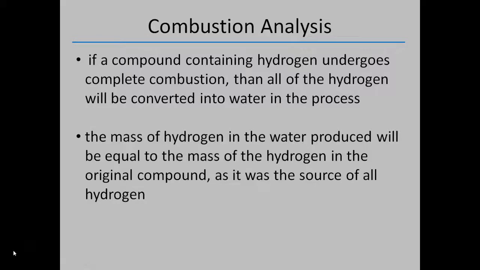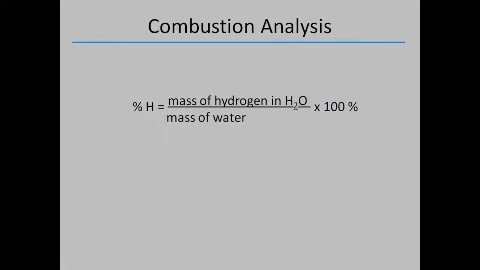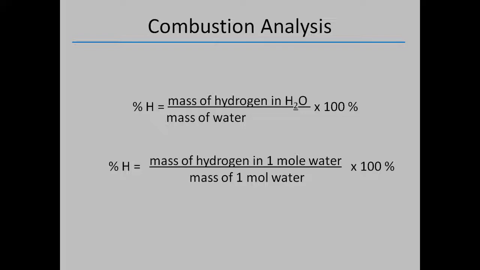My percent hydrogen is the mass of hydrogen in water produced over the mass of water produced. But because H2O is the formula for all water always, the mass of hydrogen in 1 mole of water over the molar mass of water is also equal to the percent. And again, these two percents are equal.